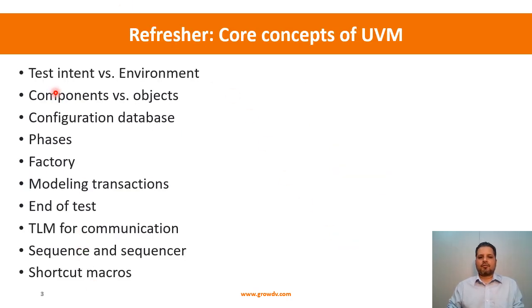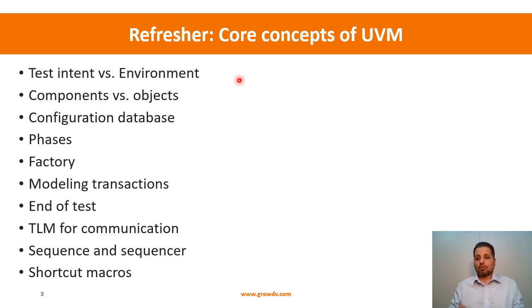A very quick refresher about the core concepts. We are going to look at the test intent and environment. Primarily the concept is: what does the test want to do? It wants to configure the environment for a particular configuration and then generate the scenario that is appropriate for that configuration. That's exactly what the test wants to do.